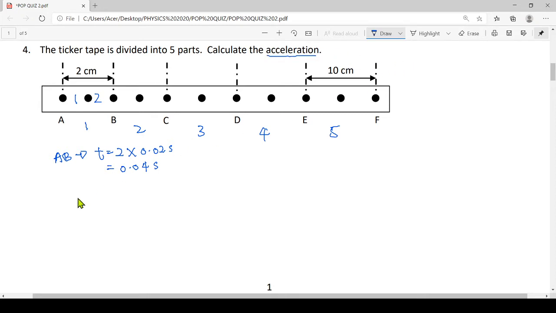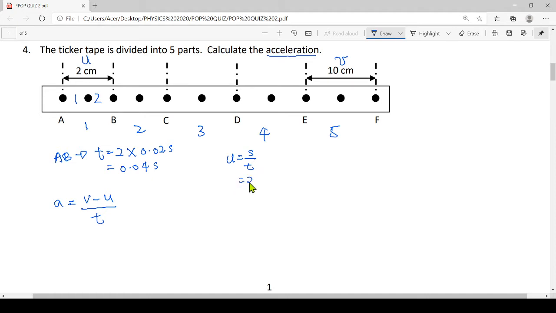So I know that my acceleration A equal to V minus U over T. So I need to know what is my final velocity, my initial velocity, and my time. Alright, so since the strip is labeled A, B, C, D, E, F, so I would assume here as my initial velocity. So I will get my initial velocity here and my final velocity here. Alright, so let's find the initial velocity. So U equal to displacement over time.